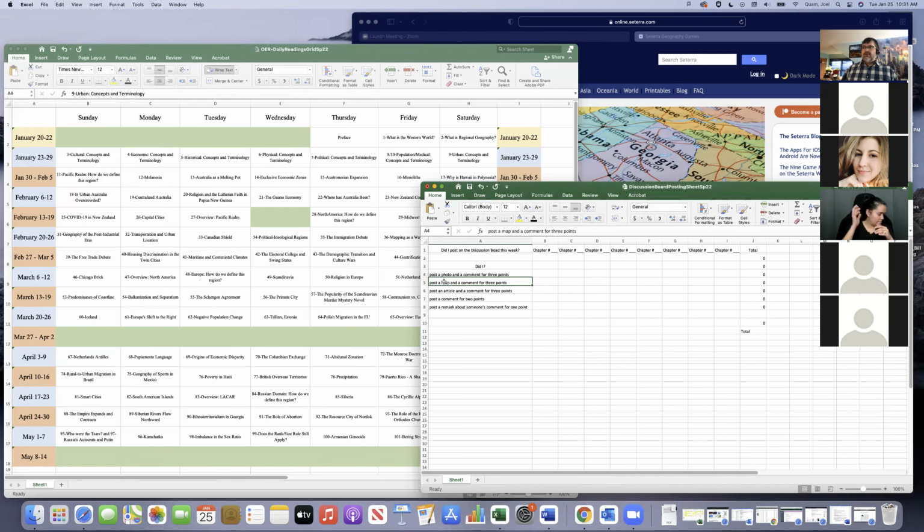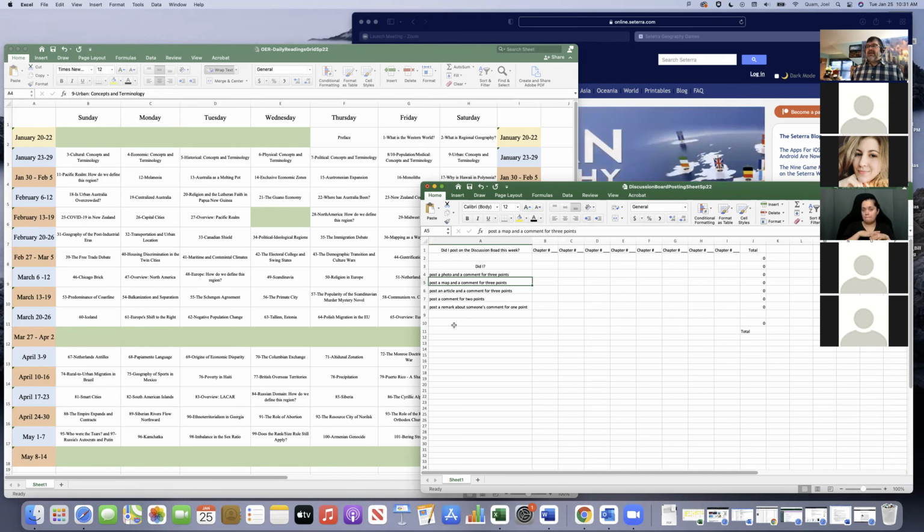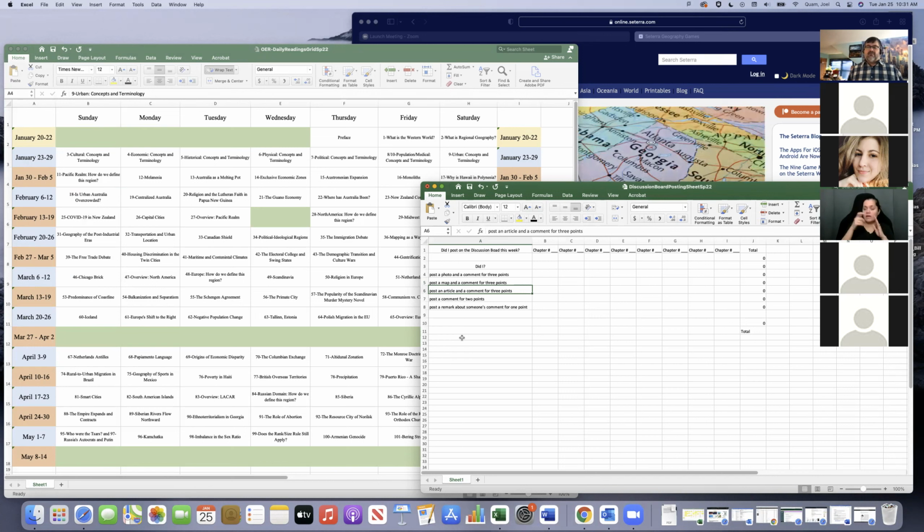And or you could find a map about Iceland, post the map on the discussion board, and a short comment for, again, 3 points. And or you could find an article about Iceland, ideally about physical geography in Iceland, since that was the topic. You can post a link to that article and a comment for 3 points again.